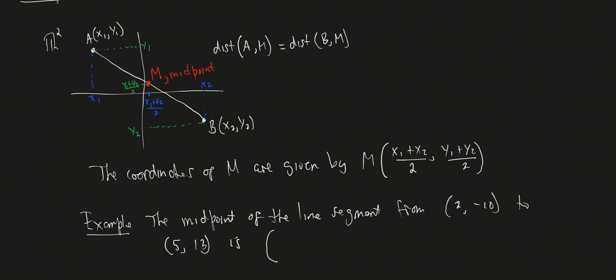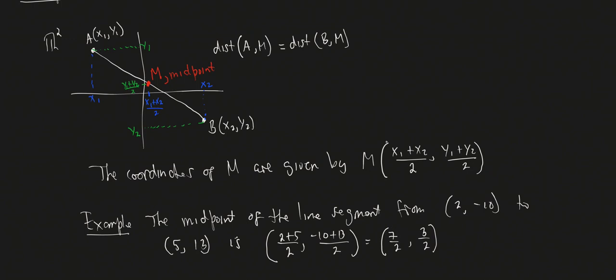You take the average of 2 and 5. Again, you want right in the middle. So you average those two. And then average the y values. So you'll take the negative 10 plus the 13, divided by 2. And then this gives you 7 over 2, comma, and then this would be 3 over 2.